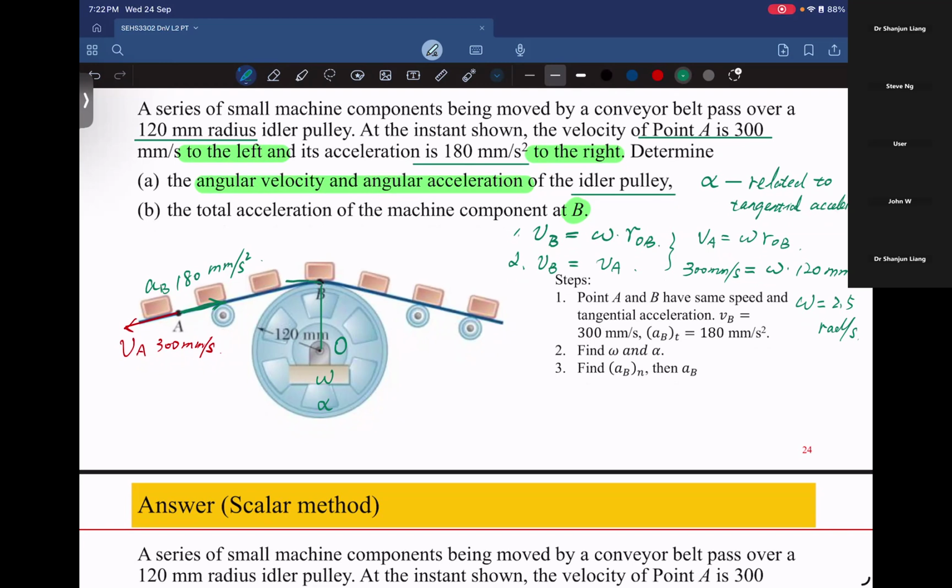Possibly, it is tangential to this circle, to the left or to the right. So which one is correct? The tangential acceleration's direction, left or right? Left for L, right for R. Which one is correct? Left or right? Okay, good.